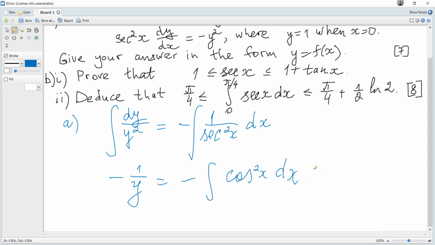You must know that you must use what? Double angle formula only. And cosine squared is what? Cosine of 2x plus 1 divided by 2, and we can write over 2 in front, so it becomes a half, and cosine of 2x plus 1 dx.